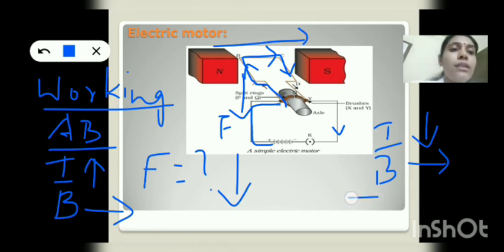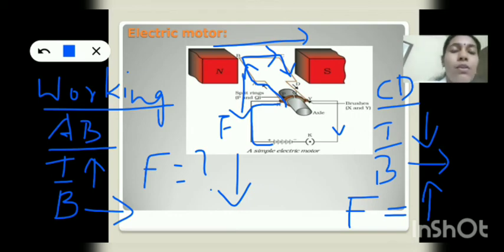So in this case the direction of force is reversed, and on the side CD the force acts upwards, and you can check the same by applying Fleming's left hand rule. Just try to apply the rule and find out the direction of force acting on the side CD. You can check it by yourselves.